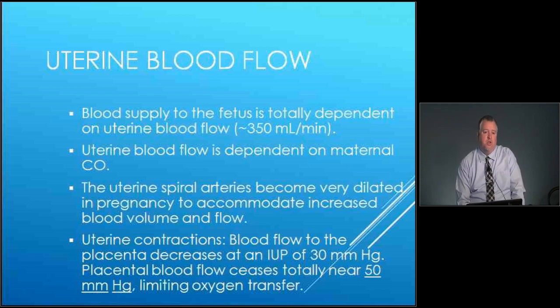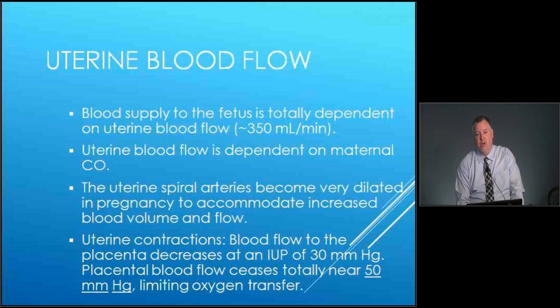When you have a uterine contraction, blood flow to the placenta will decrease once you reach about 30 millimeters of mercury. And once you reach 50 millimeters of mercury, the pressure there is sufficient to completely collapse all the arteries inside the uterus, and so we are now no longer delivering oxygen to the intervillous space.